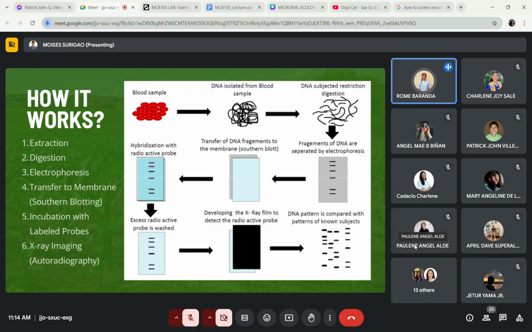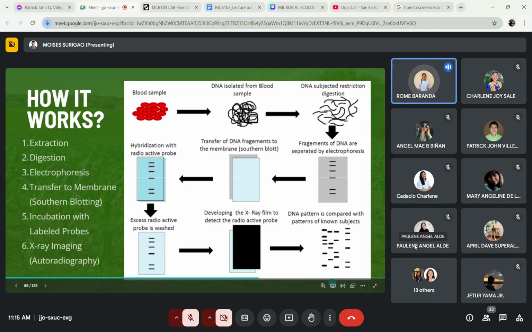And then, this isolated DNA will then be subjected to restriction digestion, wherein it will be treated with restriction enzymes. Yung enzymes na yon mag-act sila like molecular scissors. They will cut the DNA at specific sequences.